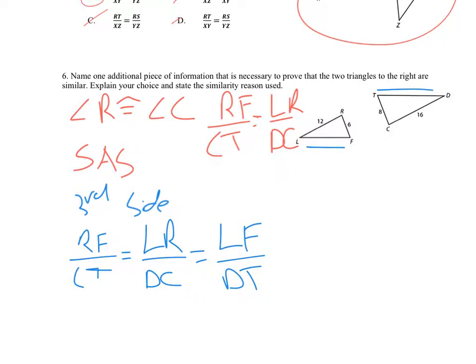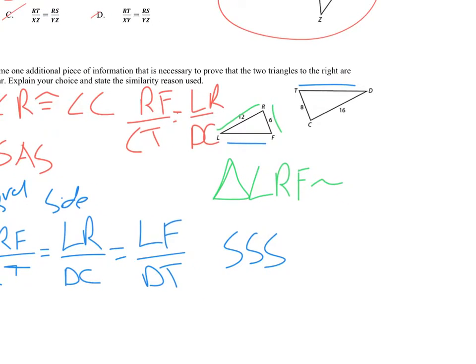If all three of those are proportional, as we saw in number 5 or 4, then we would have side, side, side. And then our similarity statement, if we're asked to write it, again, pick whatever one you want to start with. I'm going to start with the smaller triangle, and I'm going to go L, R, F. So I go along the longest known side and down the shortest known side, and that's going to be similar to triangle DCT.